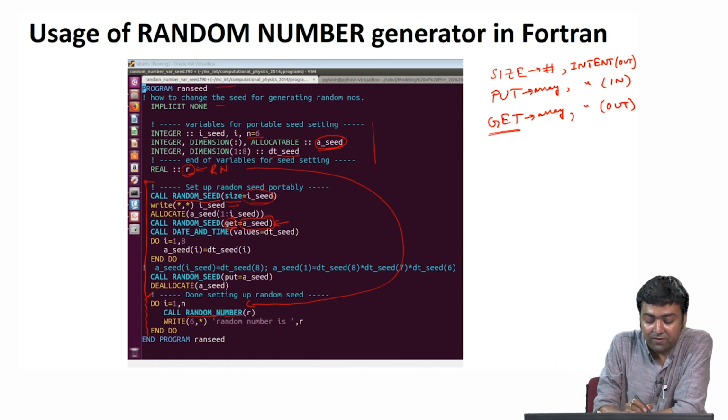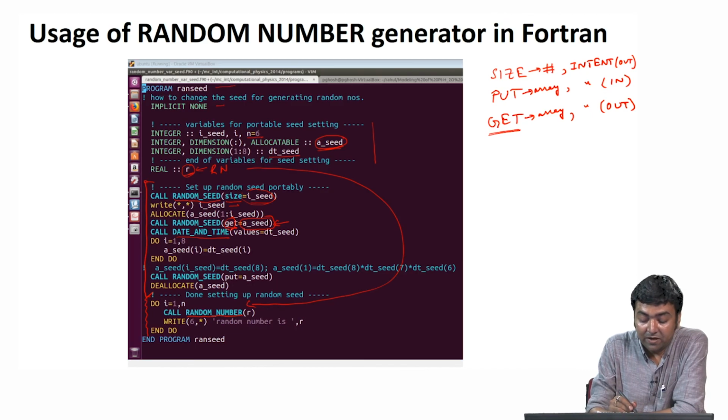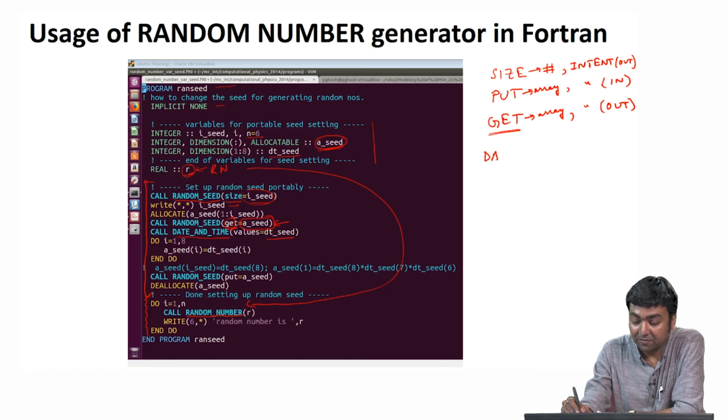One way to do that is I call this subroutine called date_and_time, okay, and it returns me 8 values which I store in this variable date_seed. So, what are the things which this subroutine date_and_time gives me?